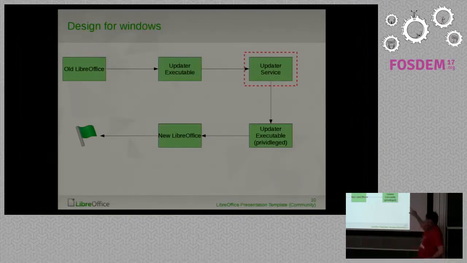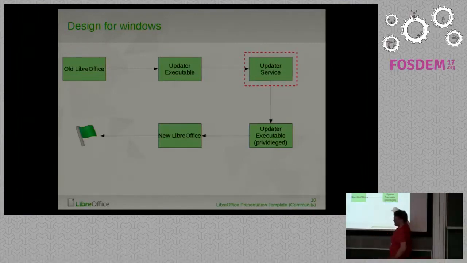So you start the system service, and that system service can now start an update process, more or less the same executable, but this time as a system user, which can update a file in a system folder.